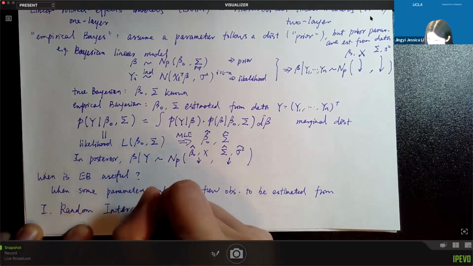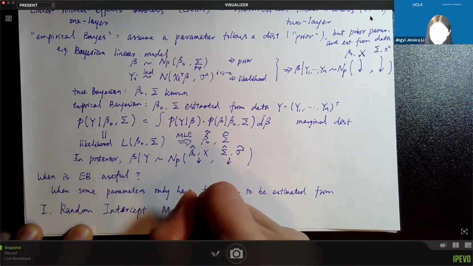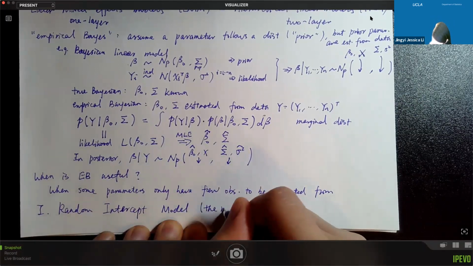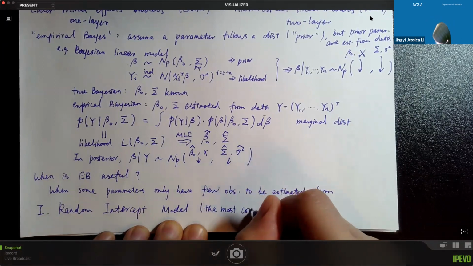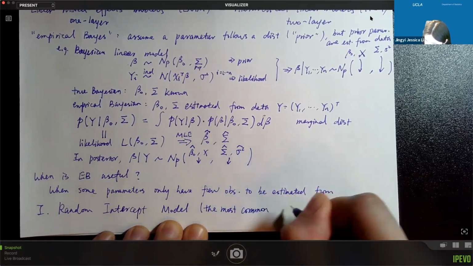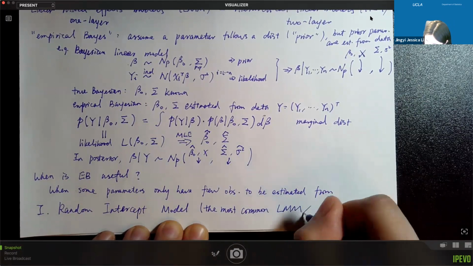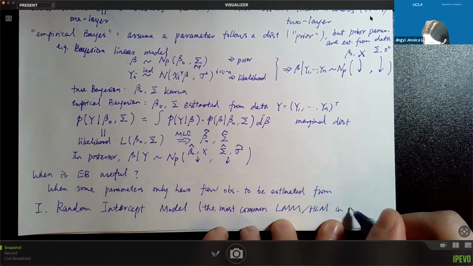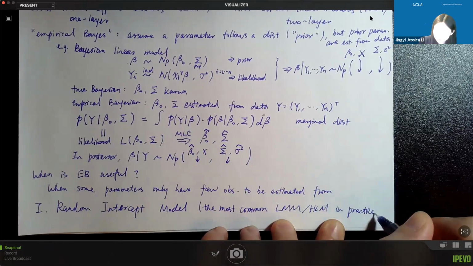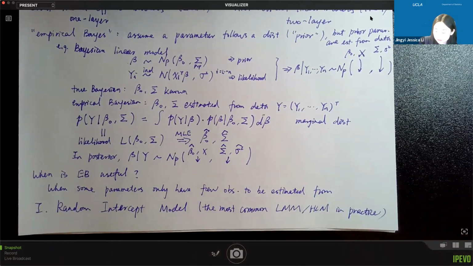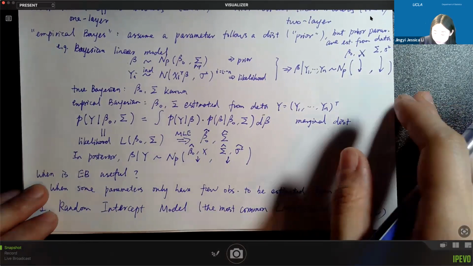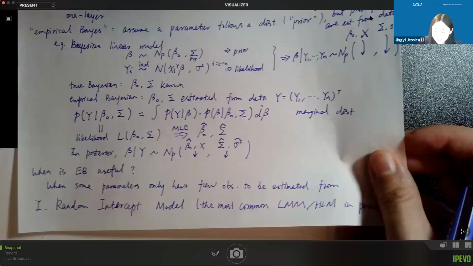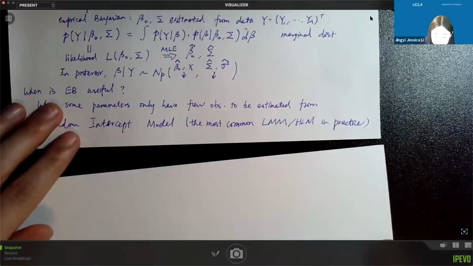And this is still the most common LMM or HLM in practice. So now let's take a look at what it is. By the name, you can tell there must be an intercept, and the intercept is assumed to be random.